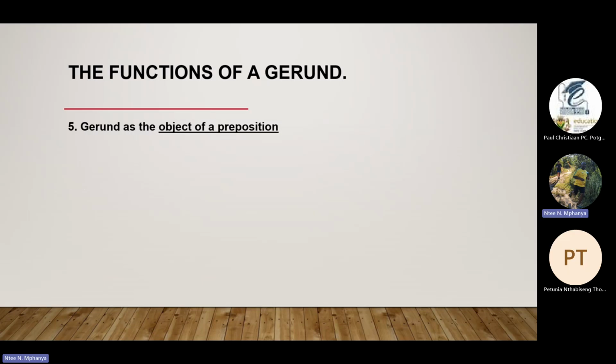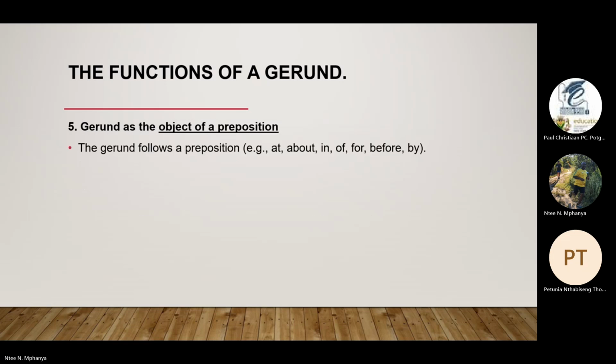Then, lastly, where a gerund is used as the object of a preposition, the gerund follows a preposition. When you see a verb with ing which follows a preposition in a sentence, then that will be a gerund.